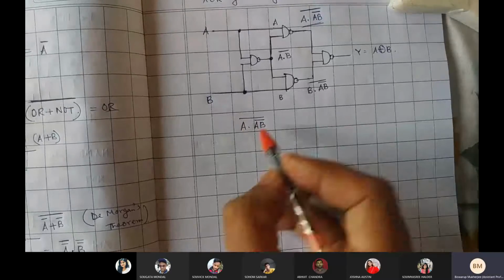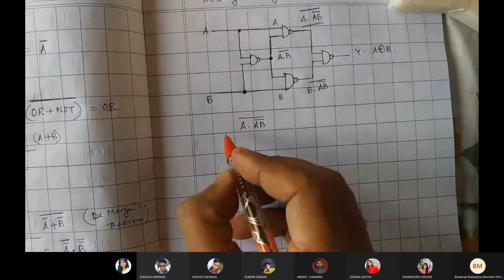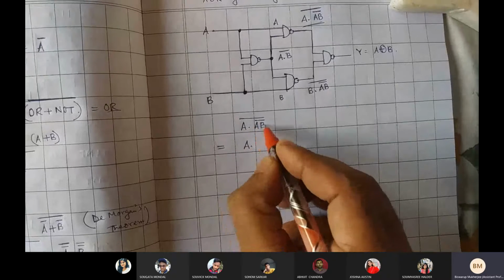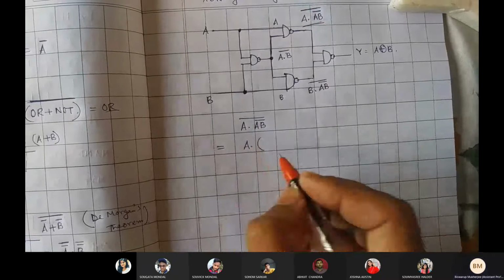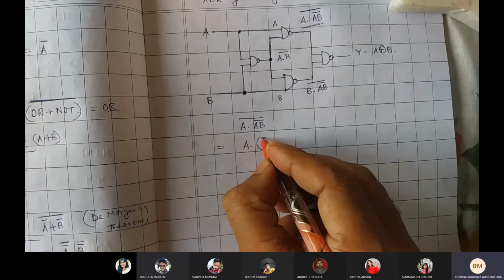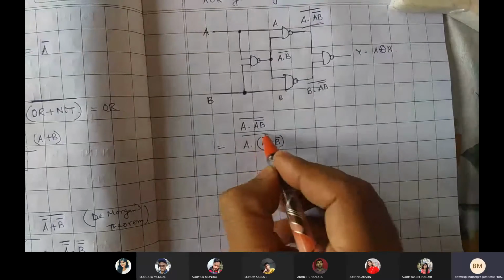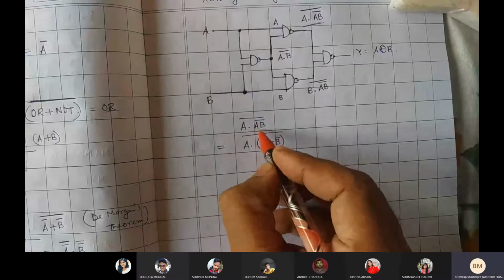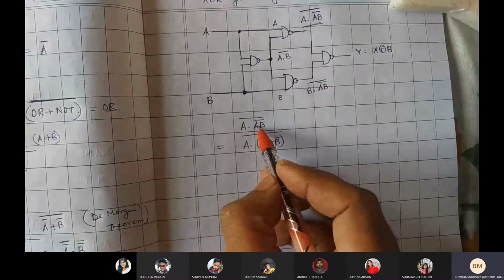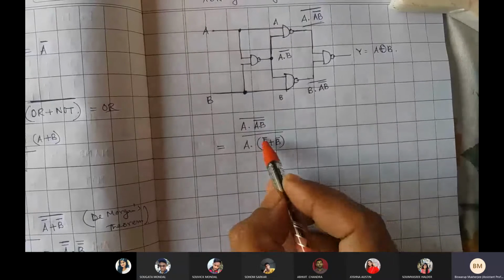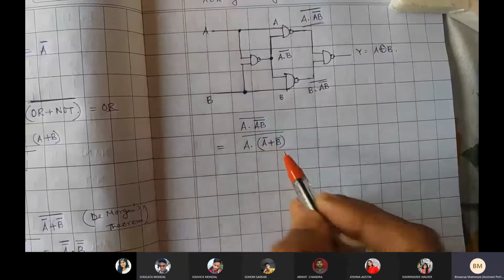Now A dot, so this can be written as A bar plus B bar, using De Morgan's theorem. You can write down this one like this, right? So individually (A B) complement can be written as A complement plus B complement.